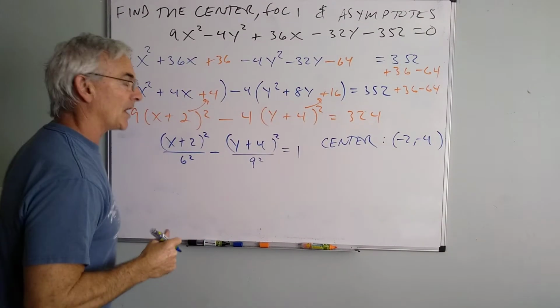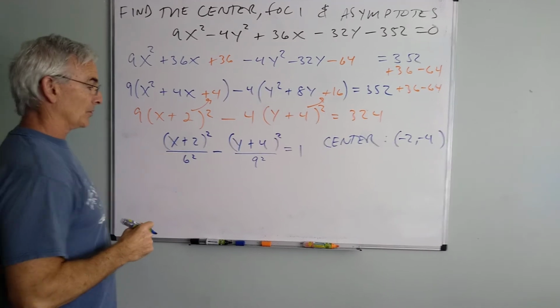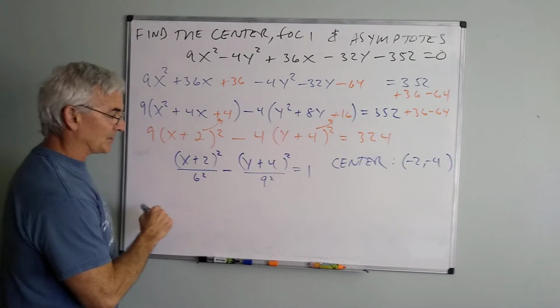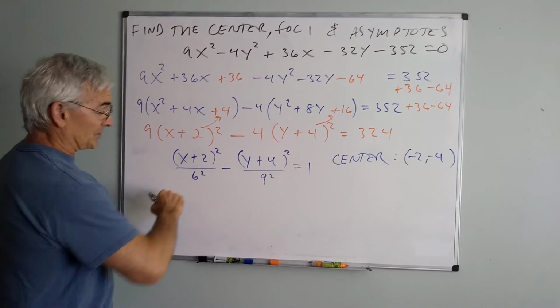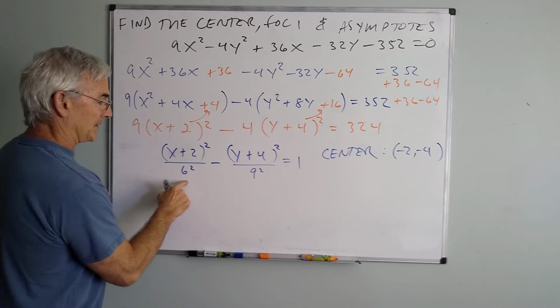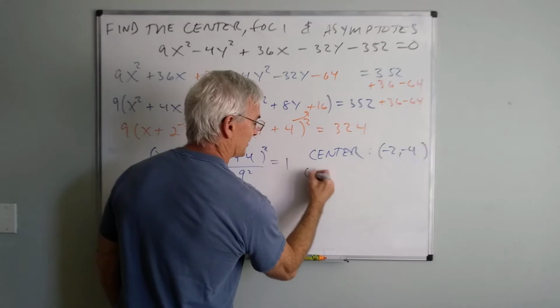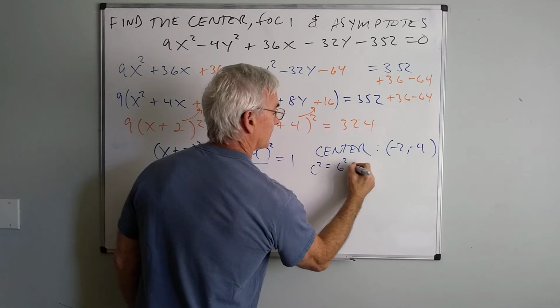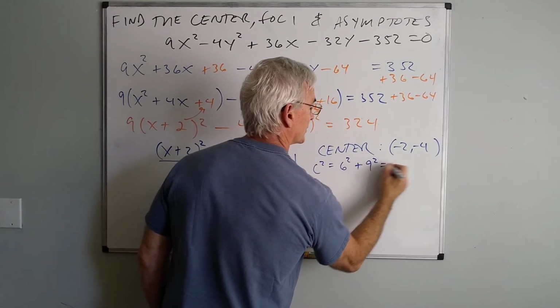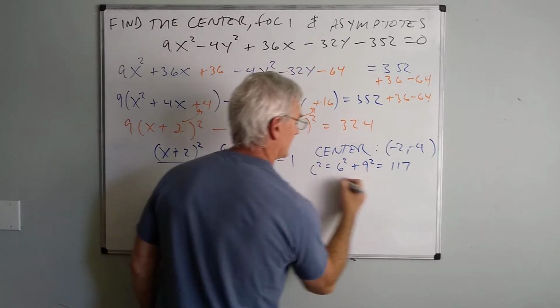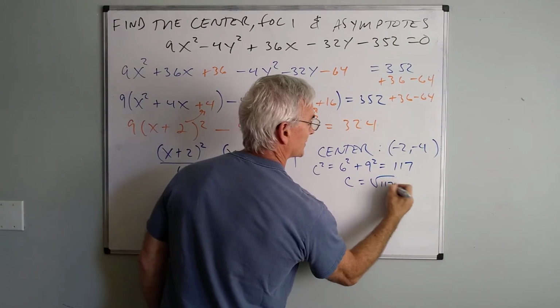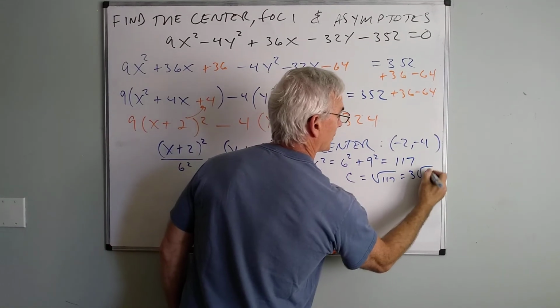Now in order to find the foci, I need to figure out the focal length. So we saw in this situation, c is the hypotenuse of the right triangle formed by the a and the b. So my c squared will be 6 squared plus 9 squared, which would be 117. So c is the root 117, or 3 root 13.